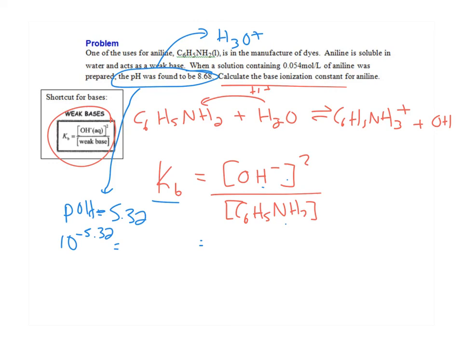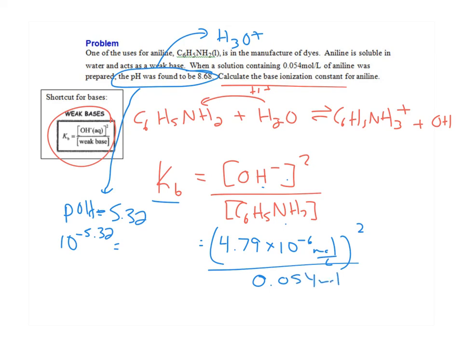Second log button gives me the 10 to the x, negative 5.32. So my hydroxide ion concentration is 4.79 times 10 to the negative 6 moles per liter. Now you remember that that's squared, divided by my original base concentration of 0.054 moles per liter. So I square that top number, divided by 0.054, and I get 4.24 times 10 to the negative 10 as my Kb.